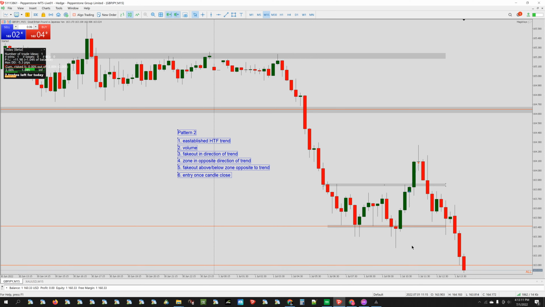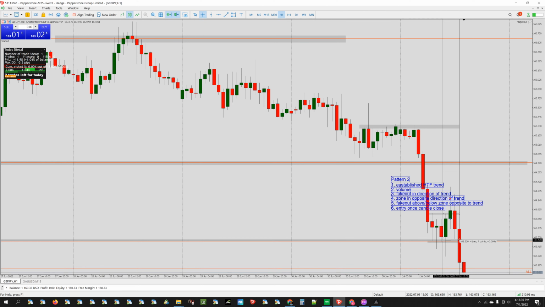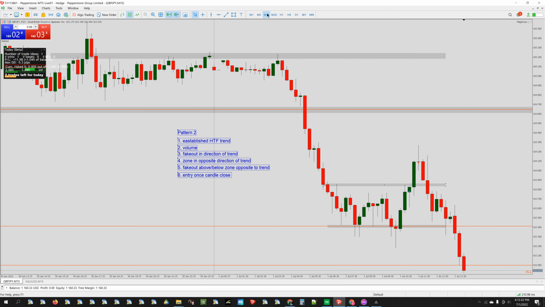Basically, I have two patterns. The third pattern is just an extension of pattern 2. So those two patterns just appeared 3 times in a span of, I would say, 4 hours.